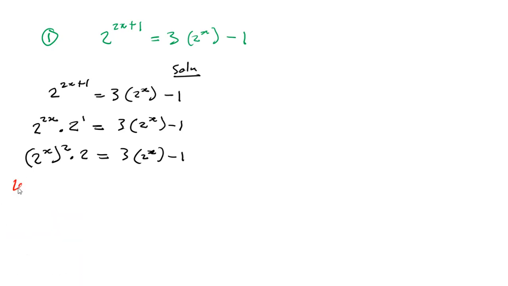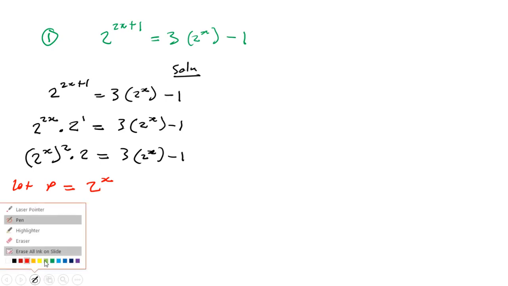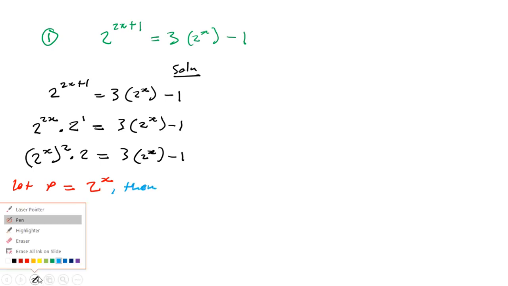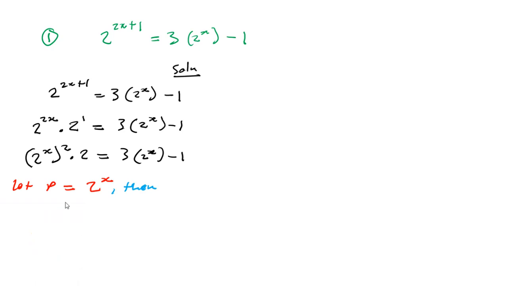So we can say let p be equal to 2 to the power 2x. When we do that, it simply means that where there is 2 to the power 2x, we're just going to put a p.